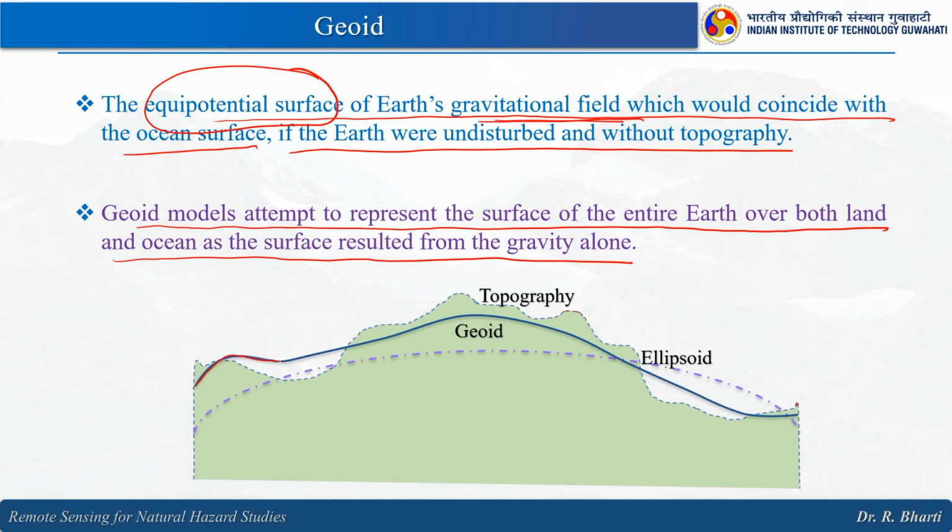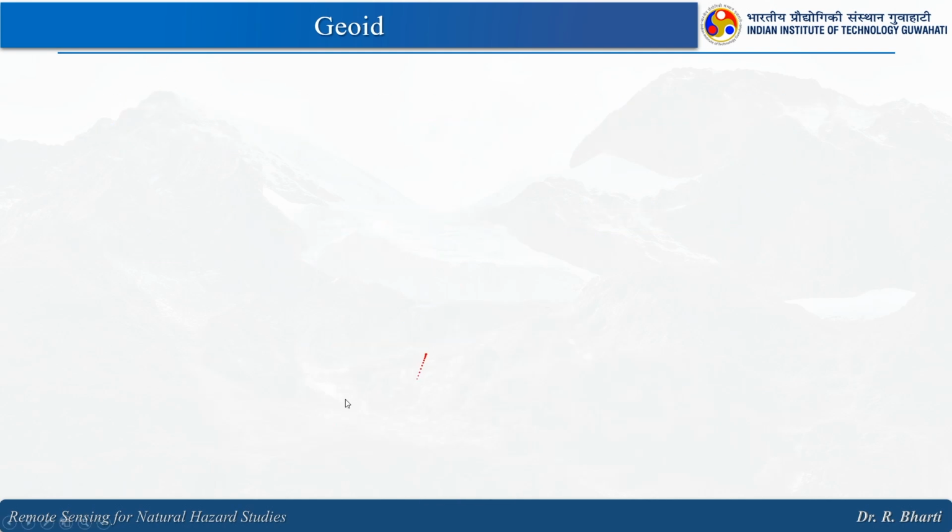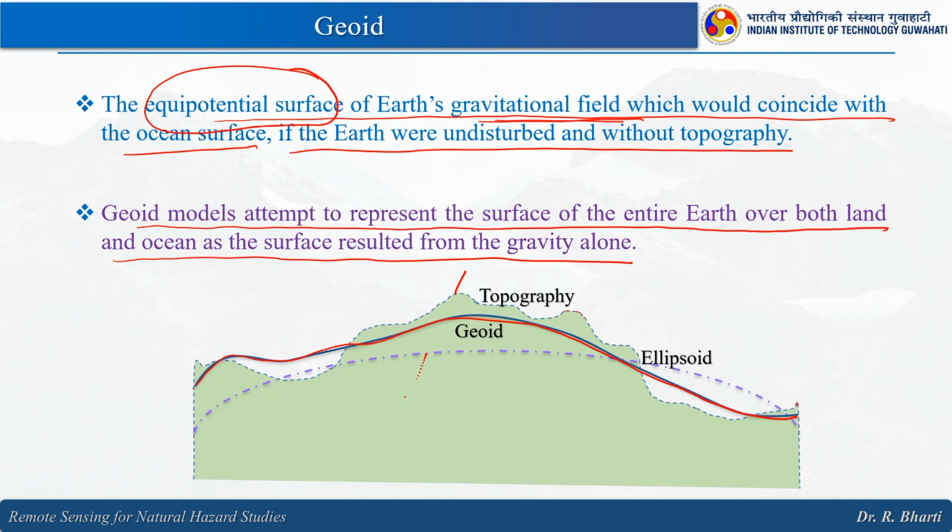Here it is not very well matching with the topography, it is not very well matching with the ellipsoid, but we can say that this particular geoid is representing the topography in a better manner compared to this ellipsoid, right.